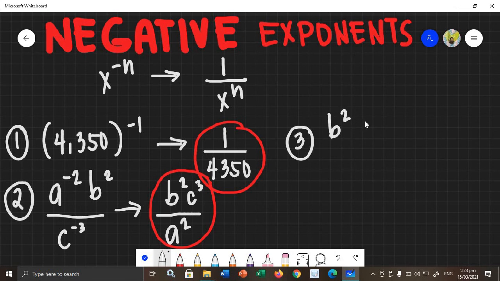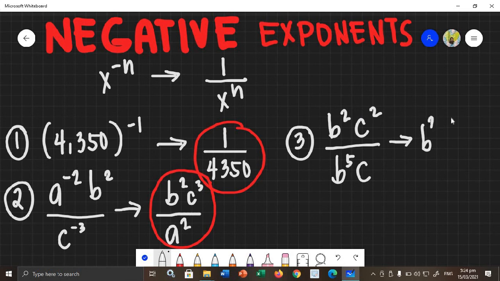Let's say we have b raised to the 2nd power, c raised to the 2nd power, all over b raised to the 5th power, and c. So as you can see dito, we can simplify this expression by applying first the quotient rule kasi same yung bases ng nasa numerator and denominator. So we have b, and then always remember na yung minuend yung numerator.